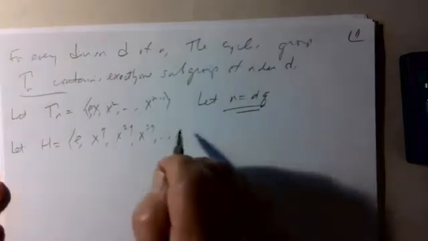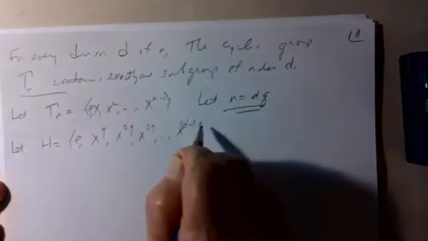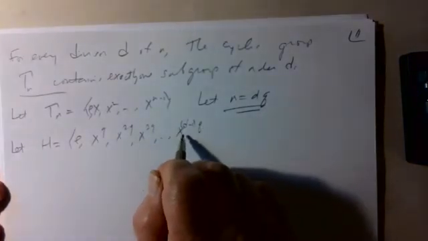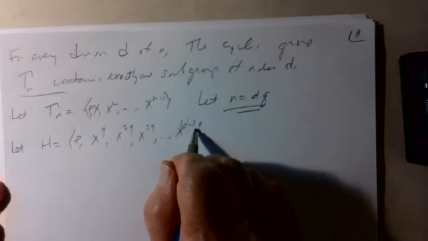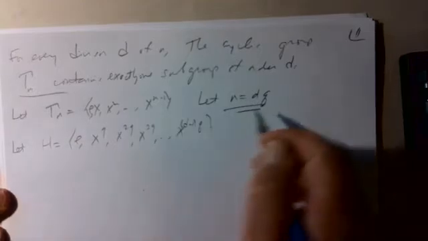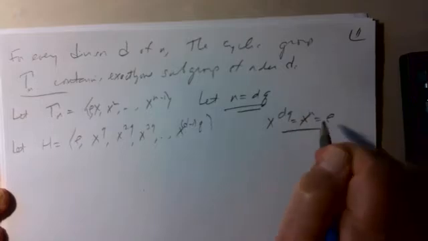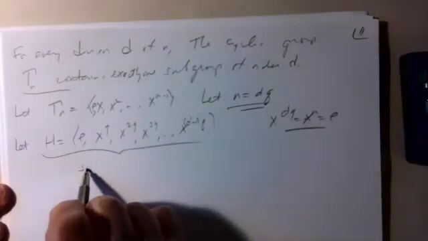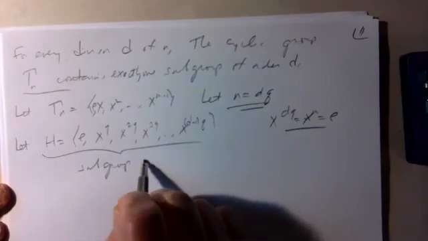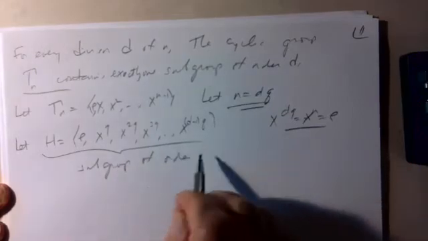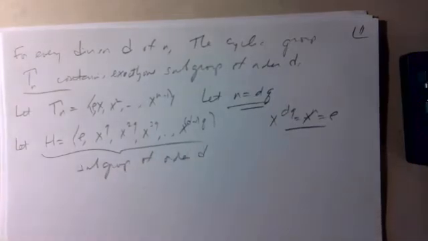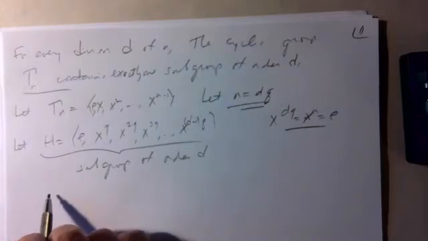I can get up to x to the (d minus 1) times q. The next power would be x to the dq, but x to the dq is x to the n, which is the identity. And this is a subgroup of order D. It contains exactly D elements and is closed under multiplication.